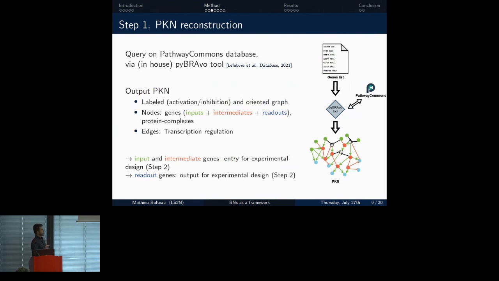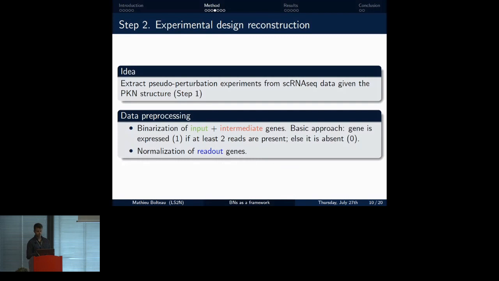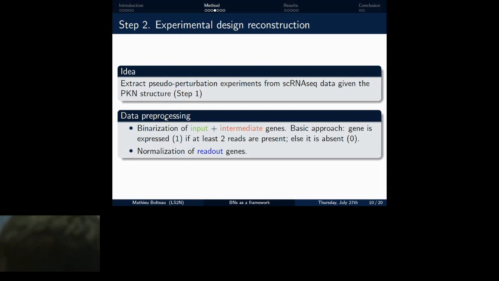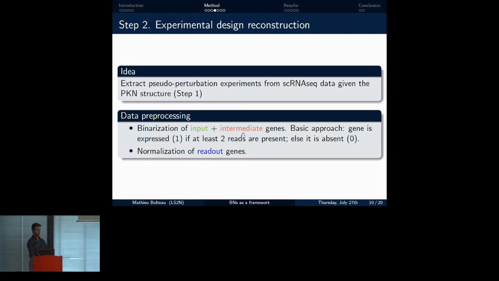Concerning the second step, the idea is to extract some pseudo-perturbation experiments from single-cell RNA-seq data, given the PKN structure from step one. Before that, we need to preprocess our expression matrix, and for that, we reduce it, and we binarize the inputs and intermediate genes identified before in the PKN, and we normalize the readout genes.